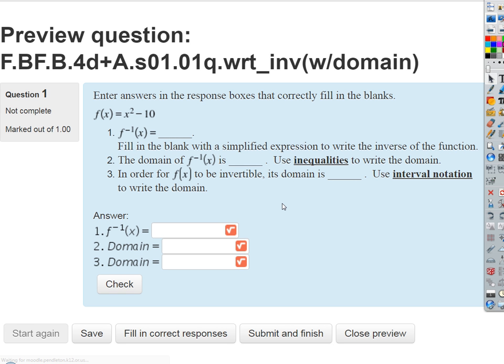Next step is switch y and x. Last step, reverse order of operations and solve for the new y, and that's the answer to part one. But what I want to know is the domain of the inverse and the domain of the function.